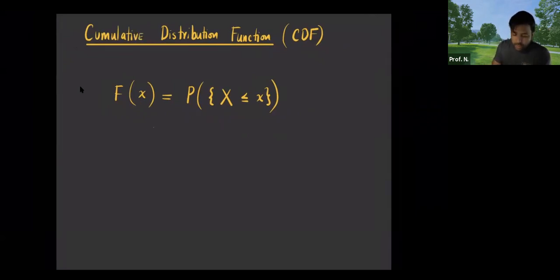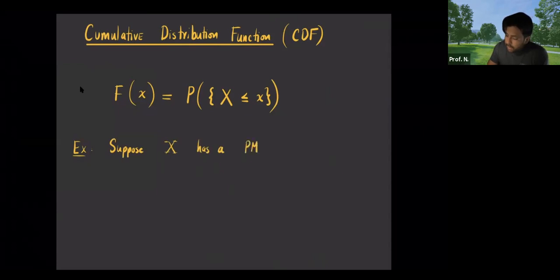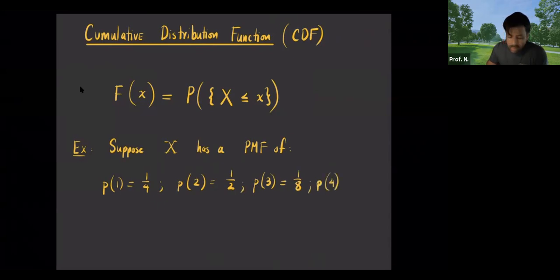So, for example, suppose X has a PMF of, suppose I have P of 1 being a fourth, P of 2 being a half, P of 3 being an eighth, and P of 4 being an eighth as well.